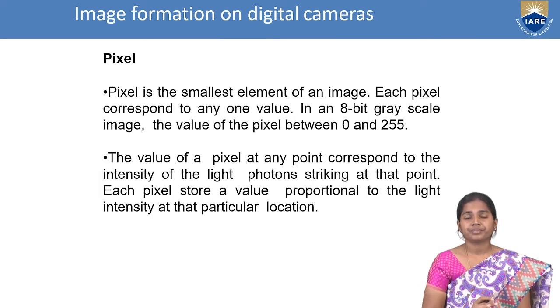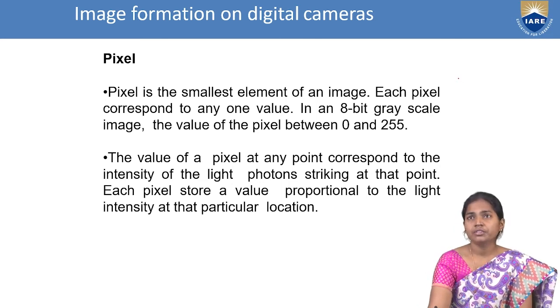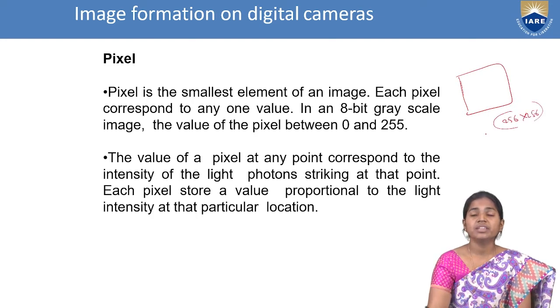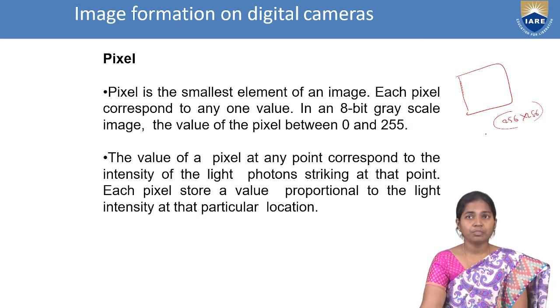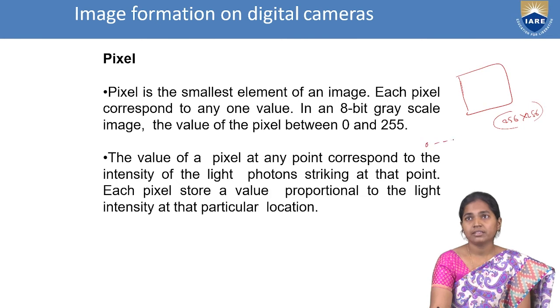Now, pixel. A pixel is the smallest element of an image. For example, say we are representing an image of 256 by 256. The size 256 means 2 to the power 8. How many gray levels are there? The shades are 0 to 255.